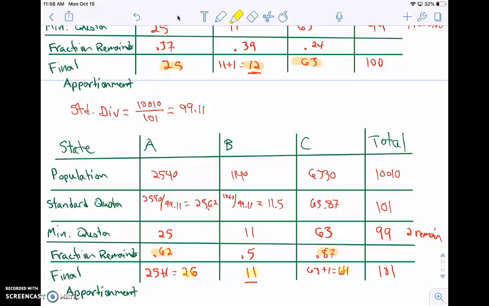Even though the populations remained the same, we added in 1 seat, and state B lost 1 seat. So this is an example of the Alabama paradox, where we keep those populations the same, we add an additional seat, and state B in this case actually loses representation just because we added 1 more seat. So that's the end of Unit 12C and looking at apportionments.